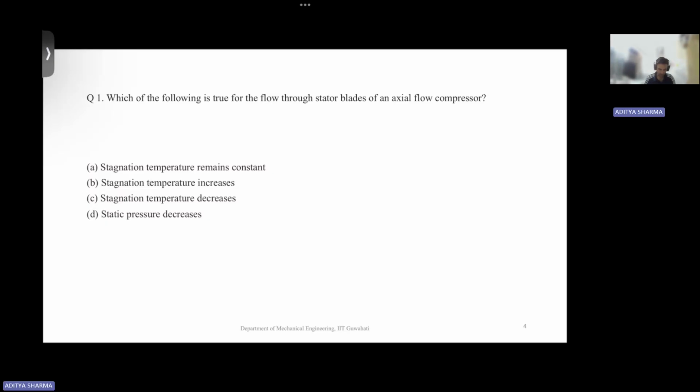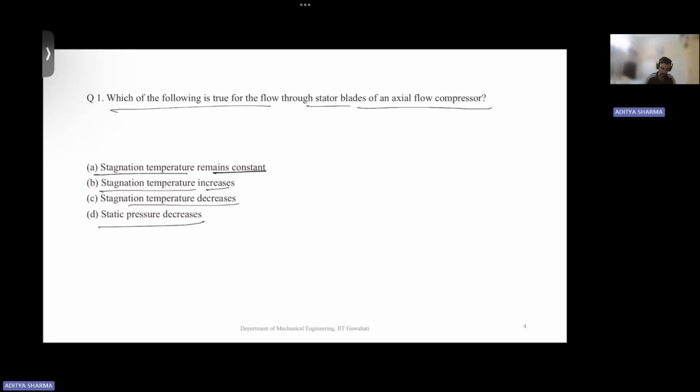This question says, which of the following is true for the flow through stator blades of an axial flow compressor? So from the stator blades, your air is moving. Which of the following is true? Your stagnation temperature remains constant. Your stagnation temperature increases, it decreases.